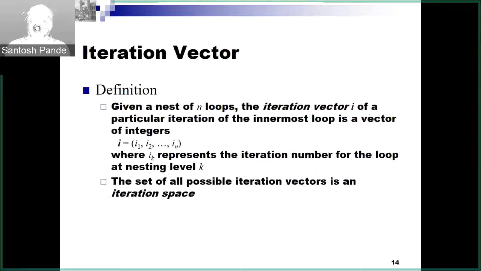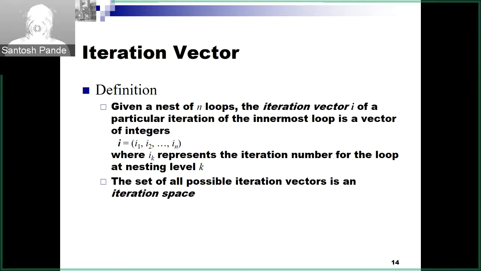And what we'll say is that for this loop nest, the iteration vector, we'll designate as an ordered vector I1, I2, I3, up to IN. This particular representation is telling us the iteration number for the loop at each nesting level, and the set of all possible vectors is the iteration space.